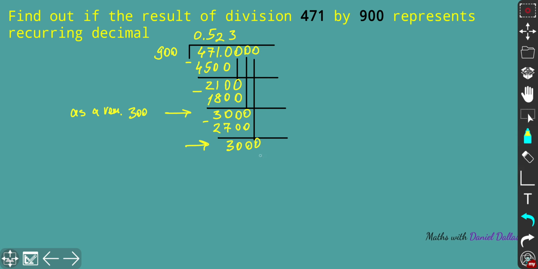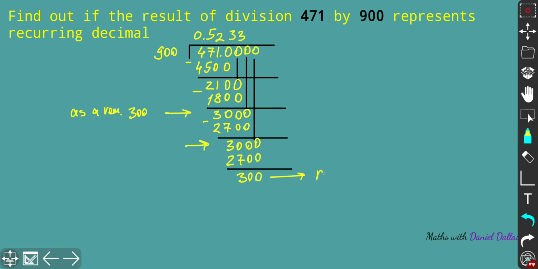You have 3,000, you divide by 900, you can take 3 times, you multiply it back, you'll have 2,700, you subtract, and again the remainder here is going to be 300.